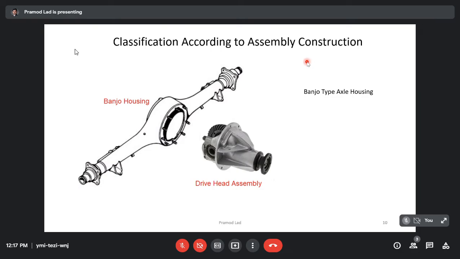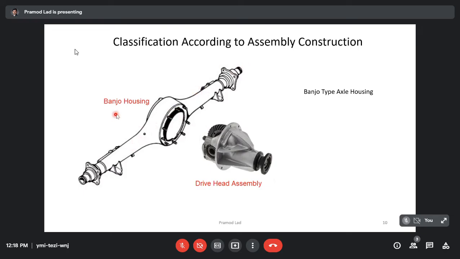The next design category is banjo housing. Here as you can see, the entire structural member is made in a single piece or a single welded assembly, and the drive head, which we call the differential gearbox, is a totally independent, separate assembly that is bolted together with the housing.